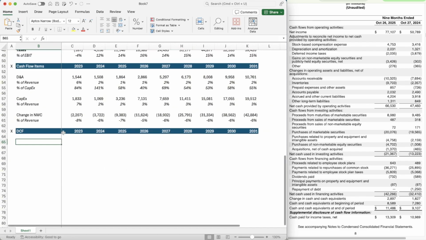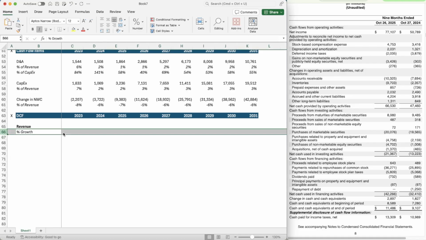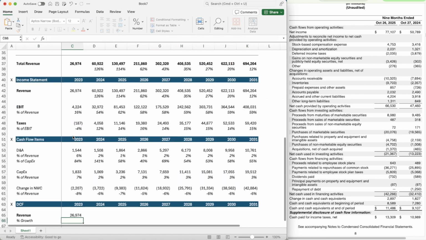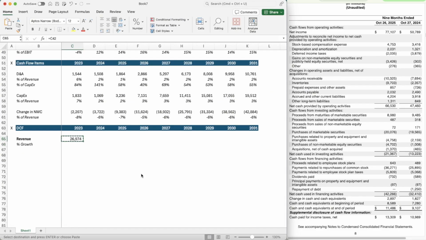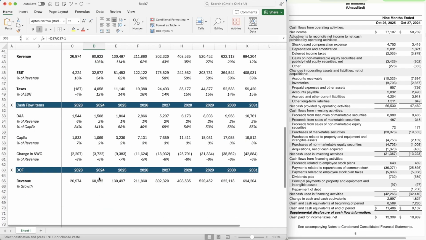Final section we're building is the actual DCF. So again, we just go revenue. Pull it along.